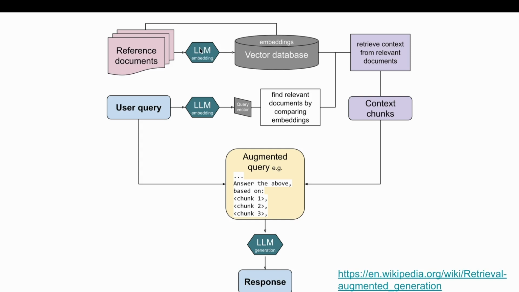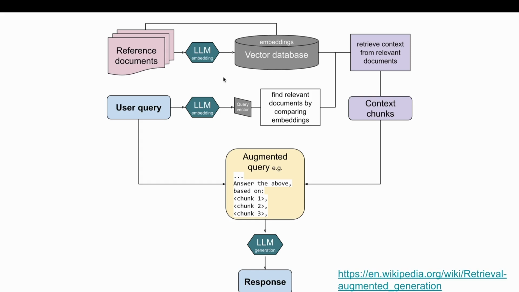And embeddings are high dimensional vectors that basically transform chunks of text into numerical representations, and those representations place that chunk of text in a high dimensional vector space, where semantically similar chunks cluster together. And you store those in a vector database.